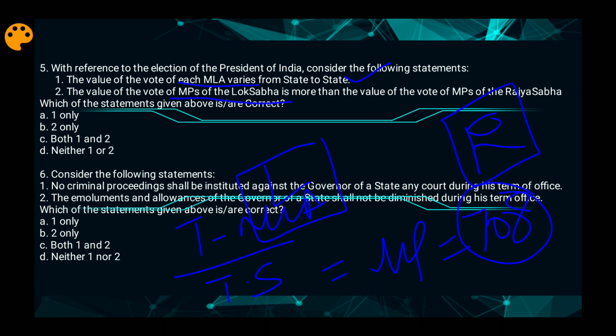Here Lok Sabha has the majority of the members, like 545, and in Rajya Sabha it is 245, so this is more than that. Hence the value of the votes of MPs of Lok Sabha is more than the value of the votes of MPs of Rajya Sabha. So both statements are correct here. Option C will be the right answer for this question.